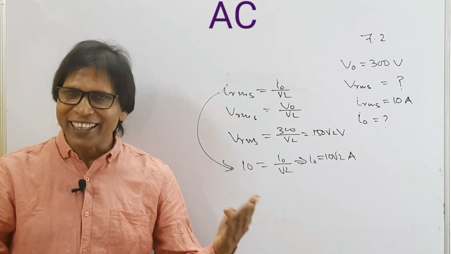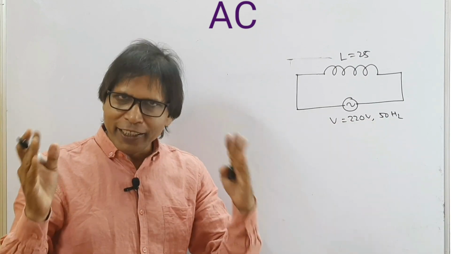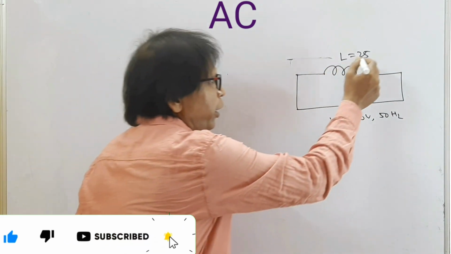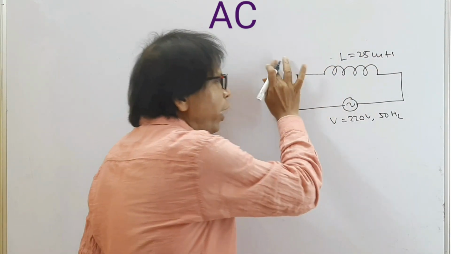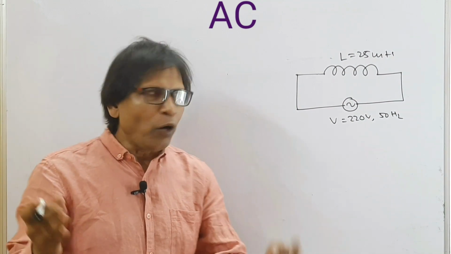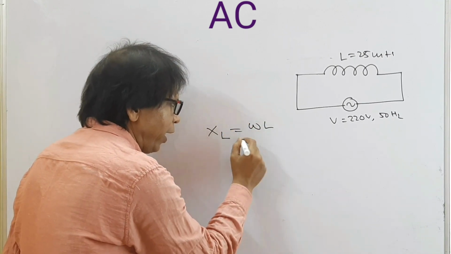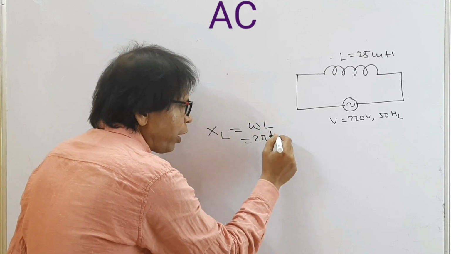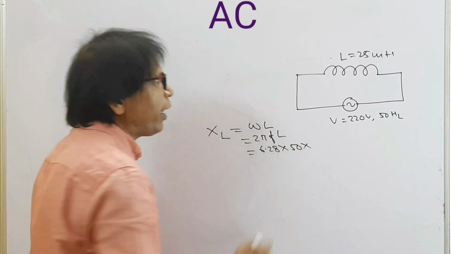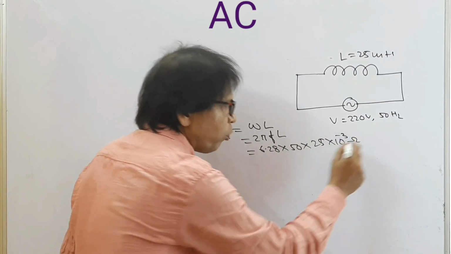Okay. Now next. Look at this, a 220 volt, 50 Hertz AC source is applied to an inductor of inductance 25 millihenry. We have to calculate the inductive reactance and RMS current. Now we know inductive reactance X L equals omega L, which is 2 pi f into L. Now this is 6.28, f is 50 and L is 25 into 10 to the power minus 3 ohm.